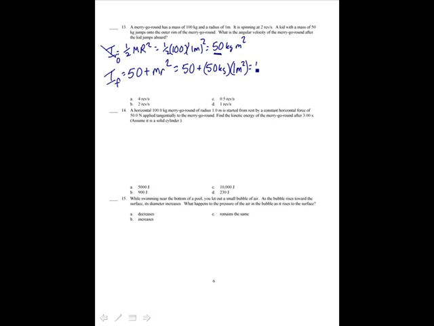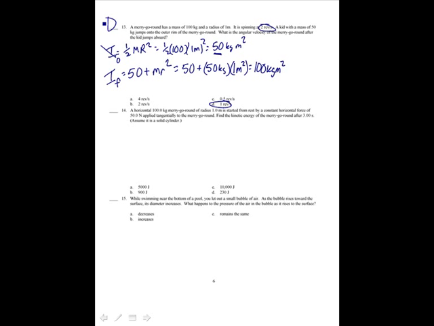So that's 50 plus 50, which is 100. Our moment of inertia is increasing by a factor of 2, going from 50 to 100. So that means our speed is going to decrease by a factor of 2, from 2 to 1. So that's number 13, D.